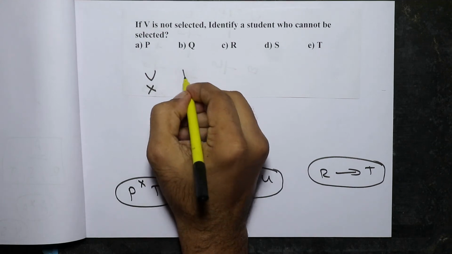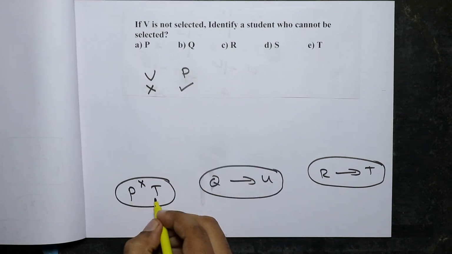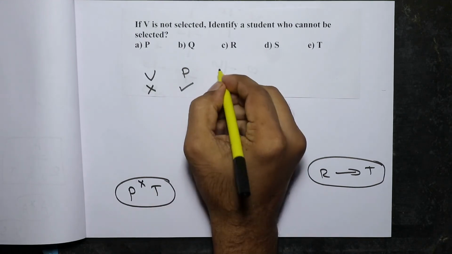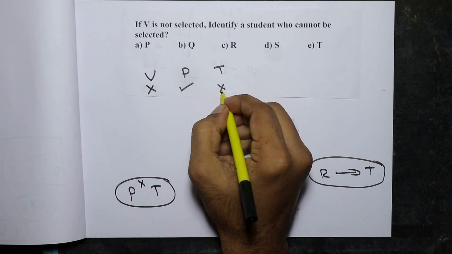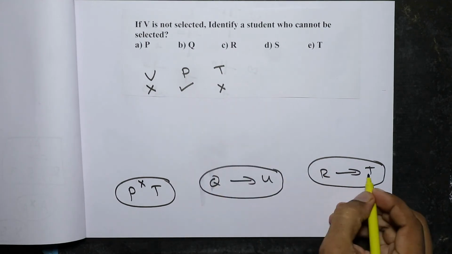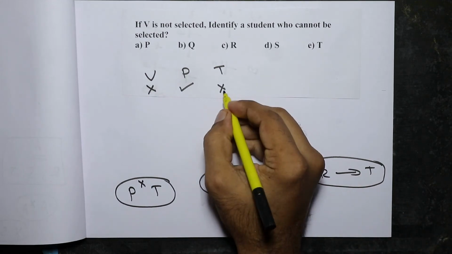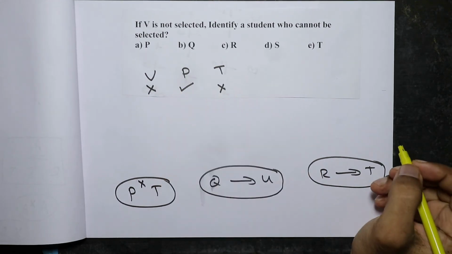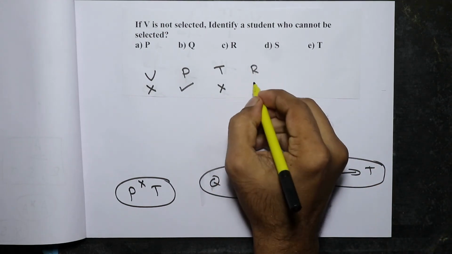Now assume that P is selected. If we select P, then T cannot be selected. So T has to be omitted. Now if R is selected, compulsorily T should be selected. Now T cannot be selected because P has already been selected. Since T cannot be selected, R also has to be omitted.